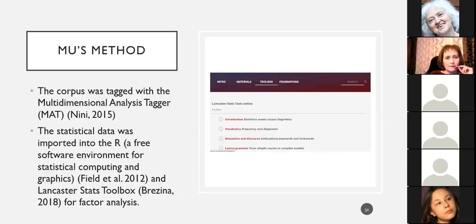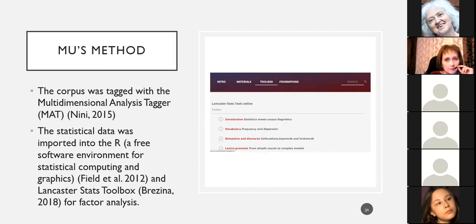So, the method that the author used is as follows. First of all, the corpus was tagged with the same instrument as was used in the previous study, the multidimensional analysis tagger. Then the statistical data was imported into R. Well, I think you know this is a free software environment for statistical computing and graphics, and also the Lancaster Stats toolbox for further factor analysis.